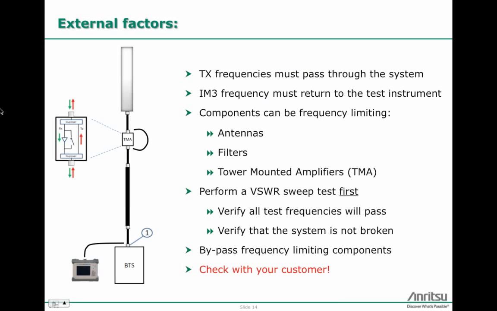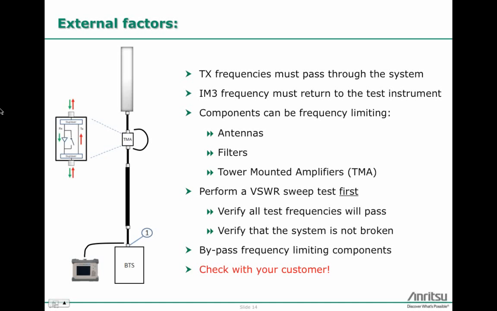Another external factor, now we're getting into things that are not within the test instrument itself but due to the system that you're testing. In order to perform a PIM test, or this linearity test, we have to be transmitting two transmit signals all the way through the system. If anything in the system blocks one or both of the transmit tones, we're no longer performing a PIM test.